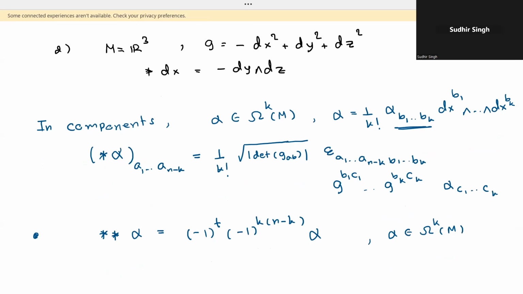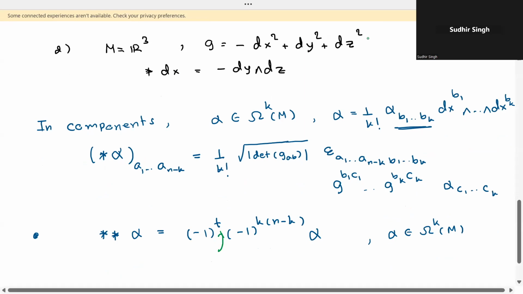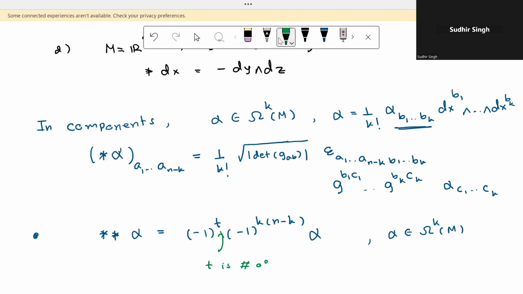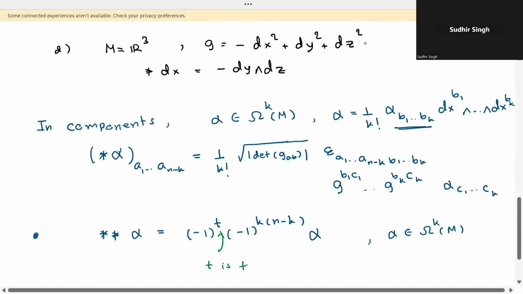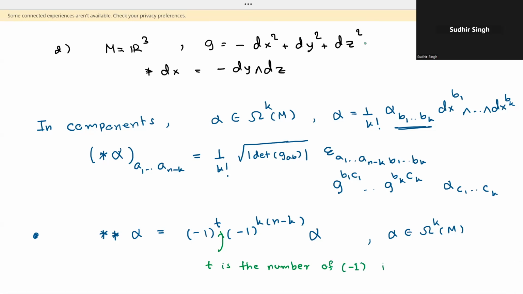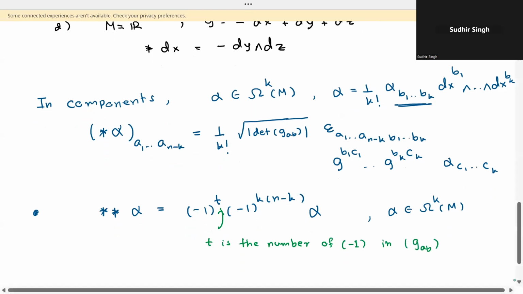For t here, what is t? t here is a number, related to the signature of the pseudo-Riemannian metric: the number of minus 1s in the expression of g_ab in an orthonormal basis.